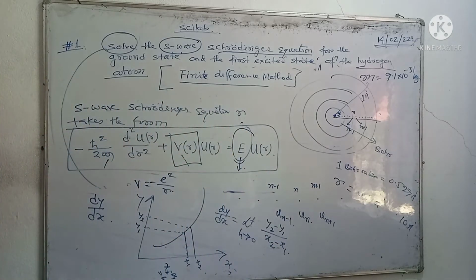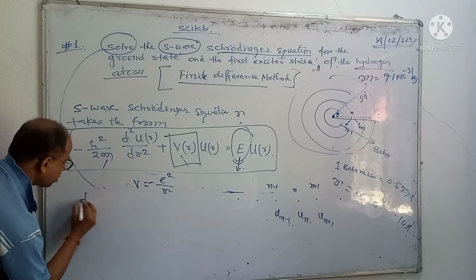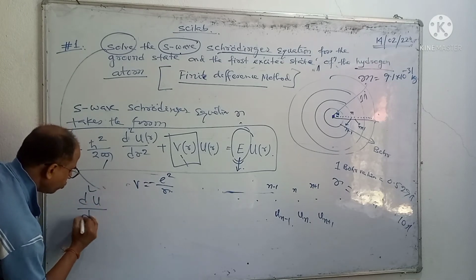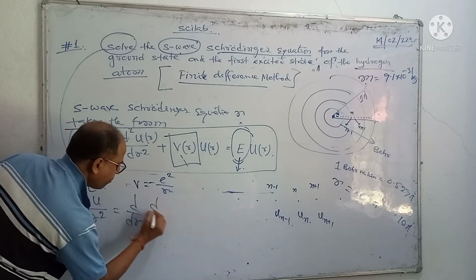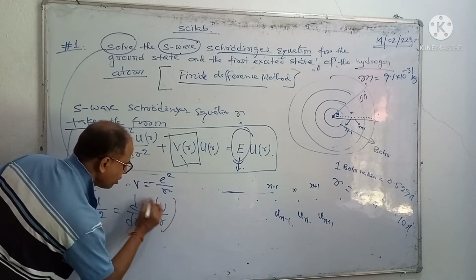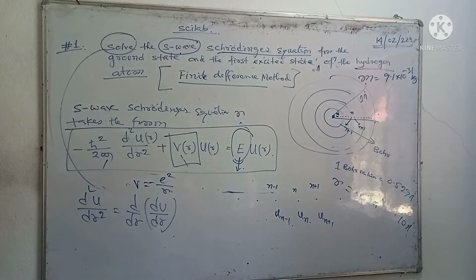This is the definition. d square u by dr square means d by dr of du by dr. Right?